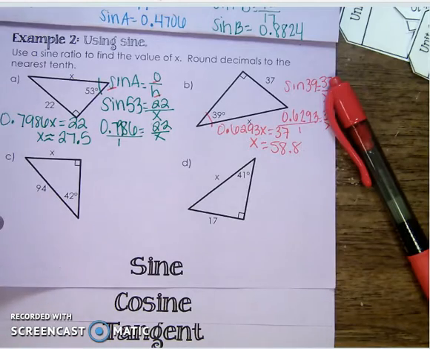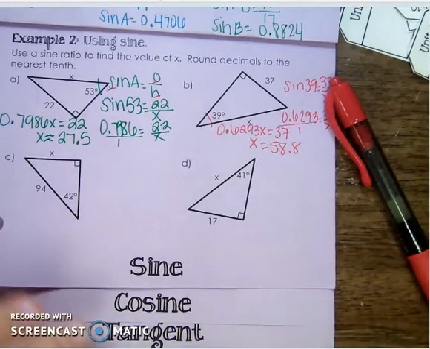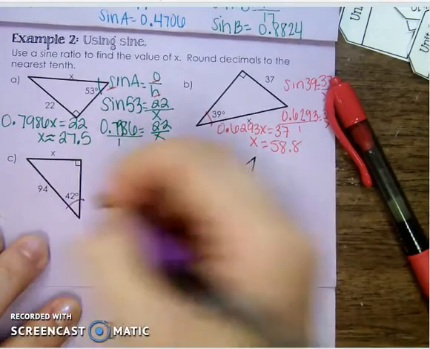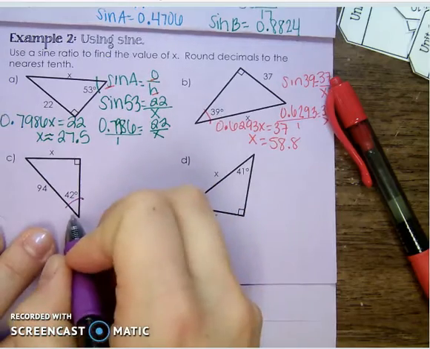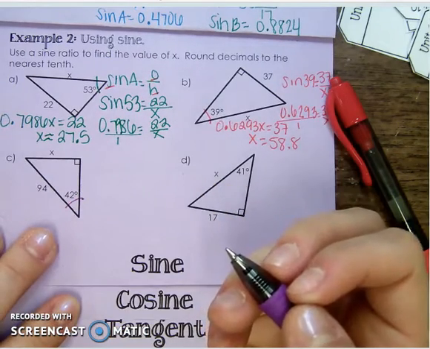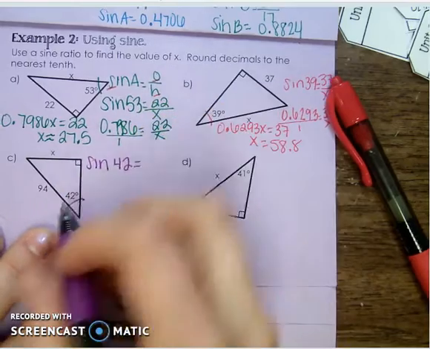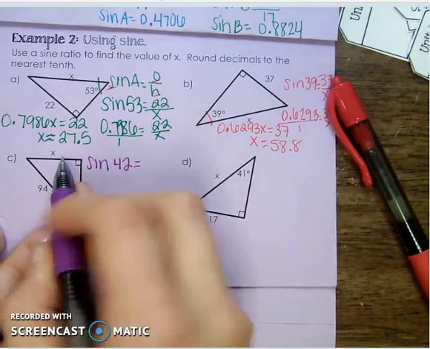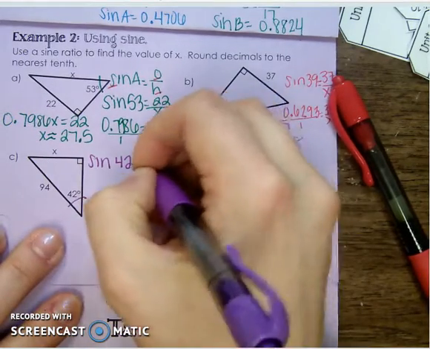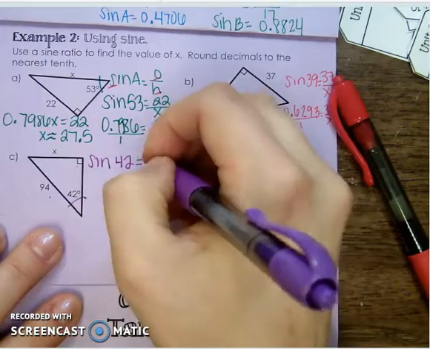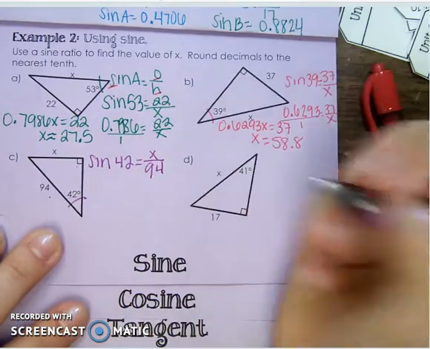Let's look at C. Again, still looking at sine. The opposite is now x over the hypotenuse, which is 94.